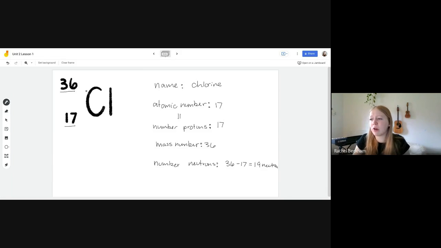And if I asked you to rewrite this the other way, we could rewrite this as chlorine dash 36. Remember that when you write it this way, after the dash, that's just the mass number. It's not the proton number. So it tells you the overall mass number there.